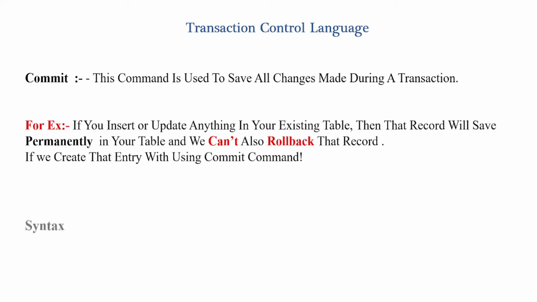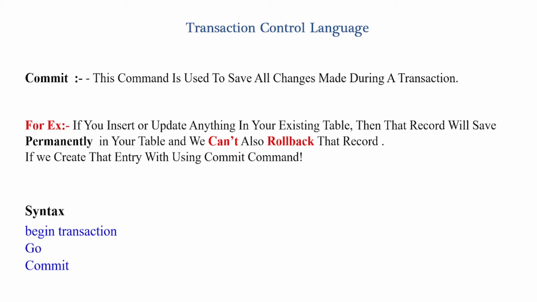And here is the syntax, guys, which is just like save point. Firstly, you need to write begin transaction, then go, and after writing the query, you need to add the commit keyword. And once we use the commit keyword, SQL will automatically understand that you want to save all the changes permanently in your table. You can't roll it back.